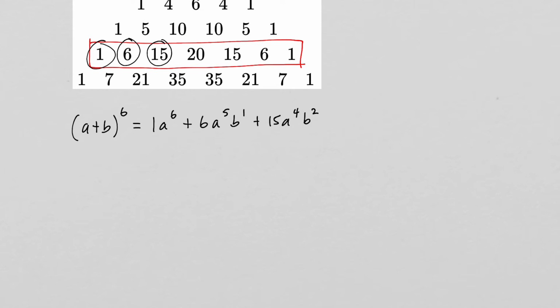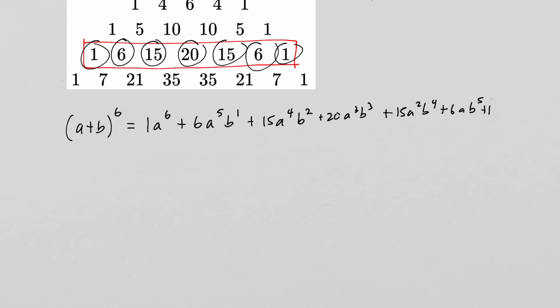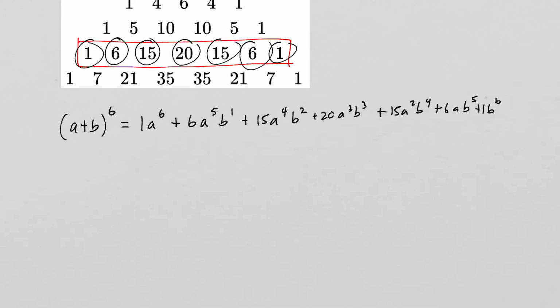So remember, the power of a goes down by 1 each time, and the power of b goes up by 1 each time. So next we have 20, a cubed, b cubed, and then 15, a squared, b to the fourth, and then 6, a, b to the fifth, and finally 1, b to the sixth.